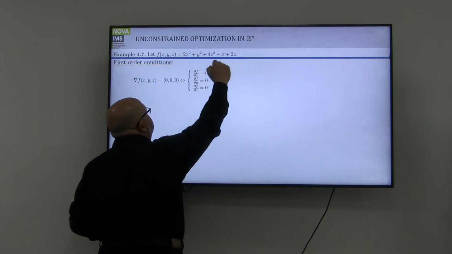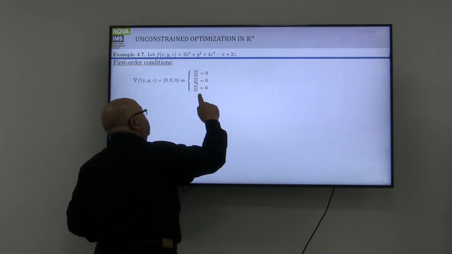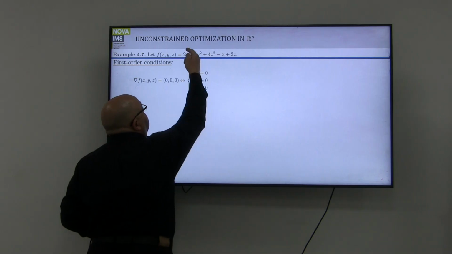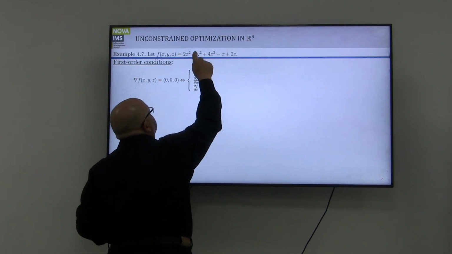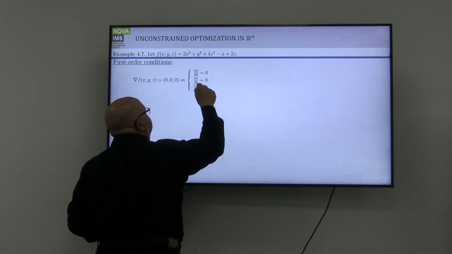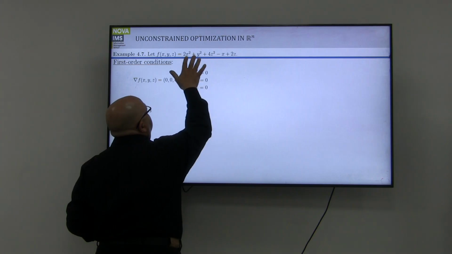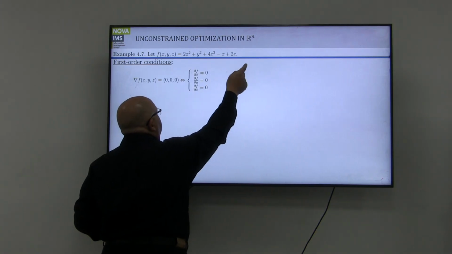I will take the first derivative with respect to x and put it to 0. Let's get the first derivative with respect to y. This is going to be 0, that's going to be 0, zeros. It's just 2y equal to 0. Getting the third derivative equal to 0, those are zeros, this is 8z plus 2 equal to 0.